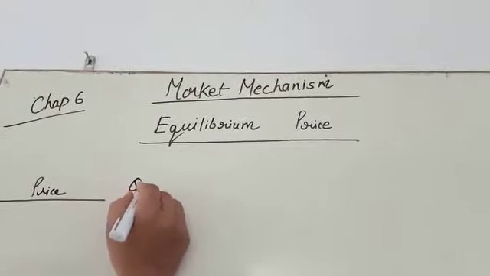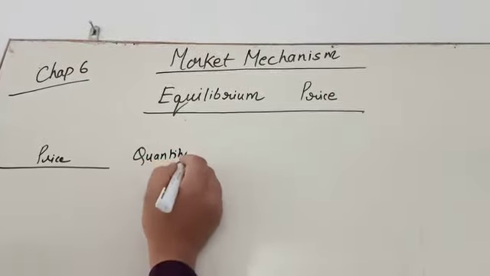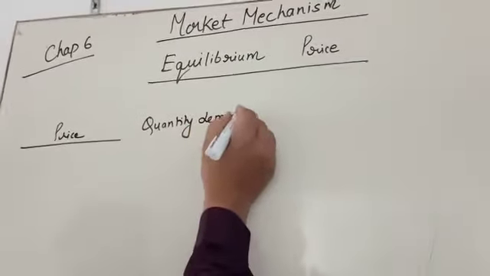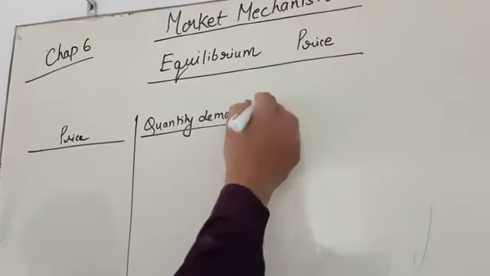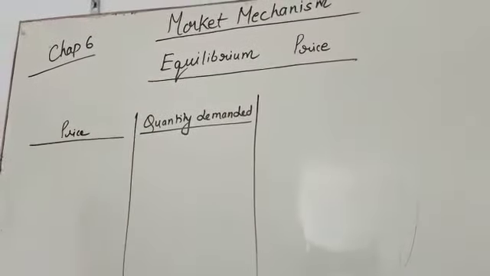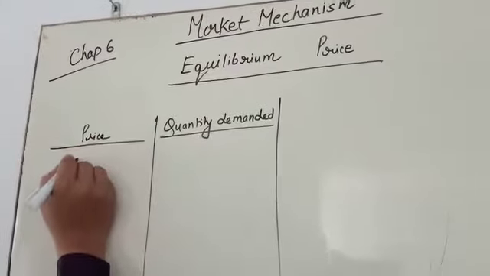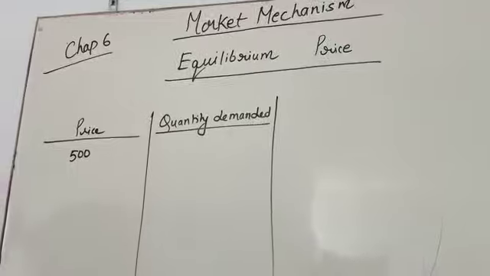quantity demanded. Here you have to observe. Suppose at 500 rupees, the quantity demanded is 30.